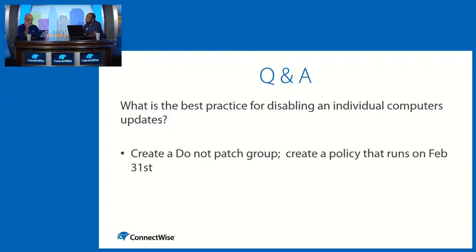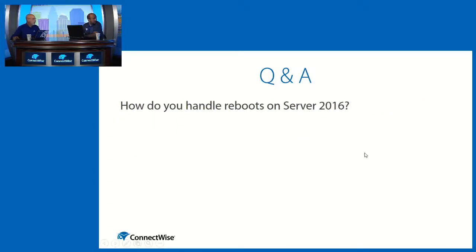That UI disabled function does not exist until they are on 18 something or later. I've got the details on here. No, apparently I don't. It'll be on the next one. But if you don't have a certain version of Windows 10, you don't have the function to disable the Windows Update. So we really recommend just scheduling it for February 31st.